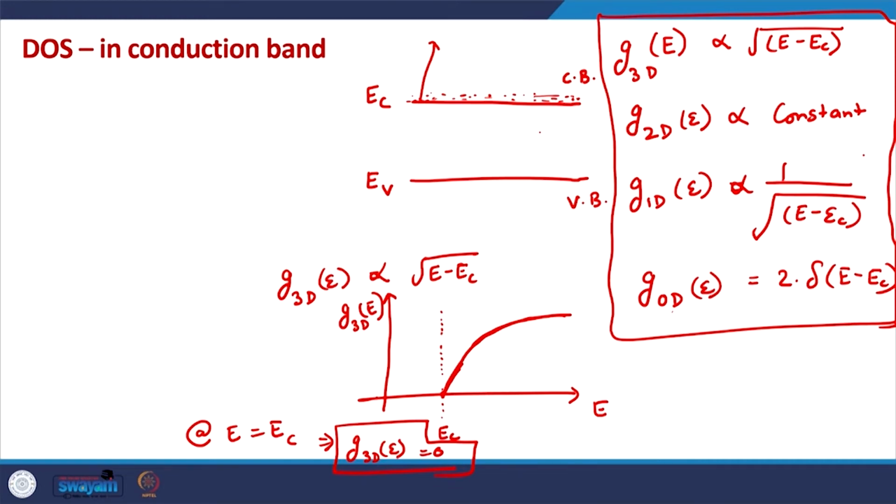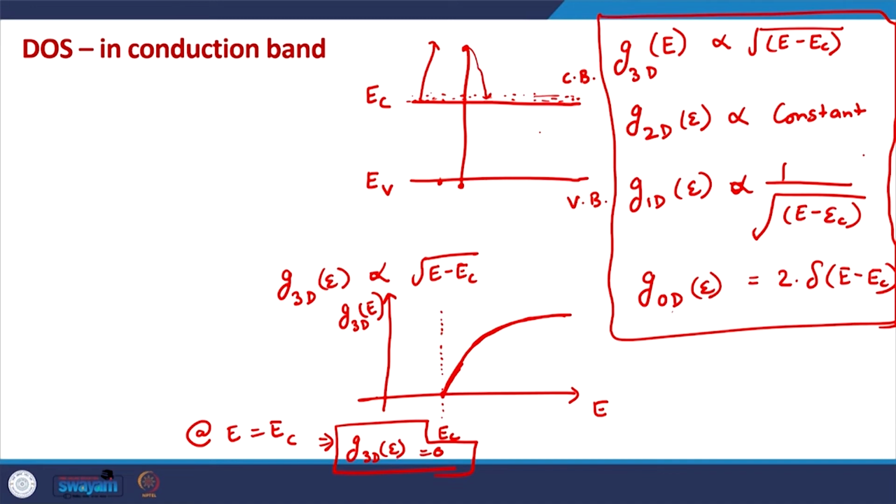That is an important thing, because generally the perception that we have is that an electron goes from the top of the valence band to the bottom of the conduction band, or goes from the valence band to a higher energy and then relaxes and comes down to the bottom of the conduction band.